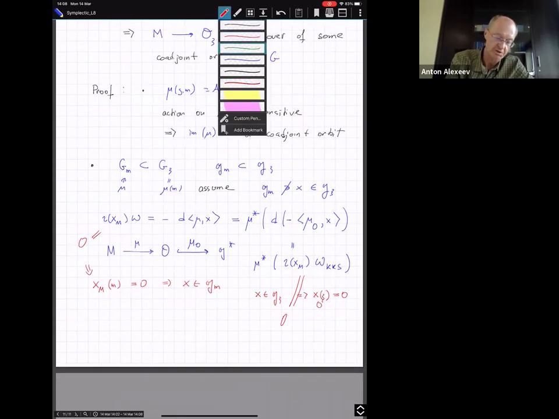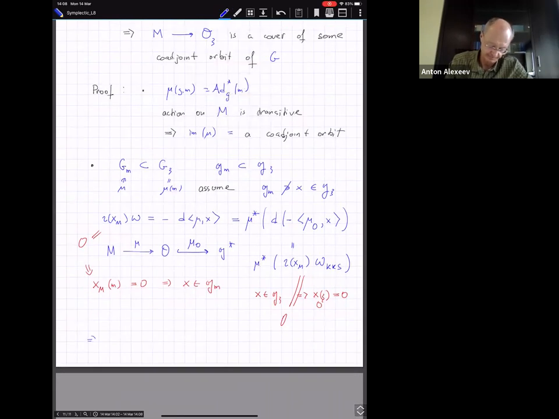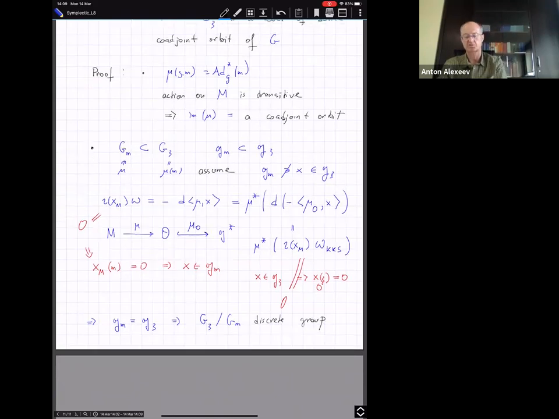So the conclusion is g_m is actually equal to g_psi, and this means that g_psi mod g_m is a discrete group.